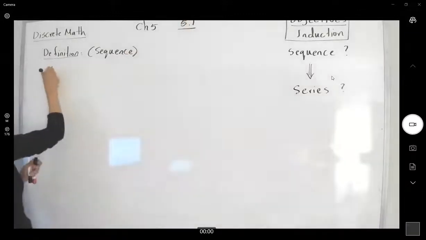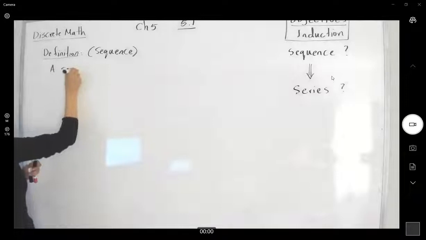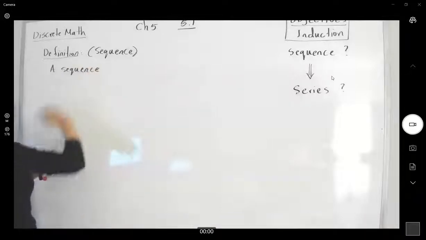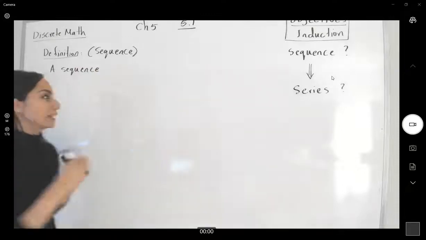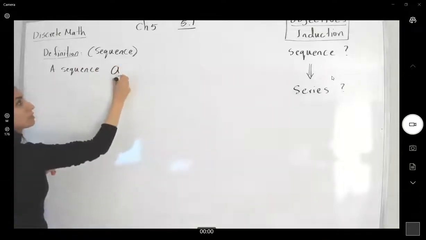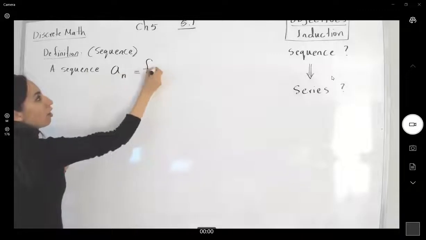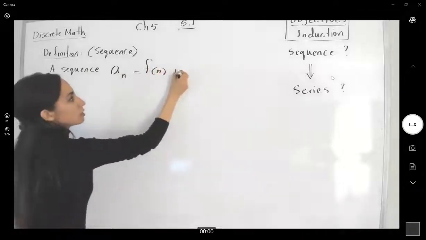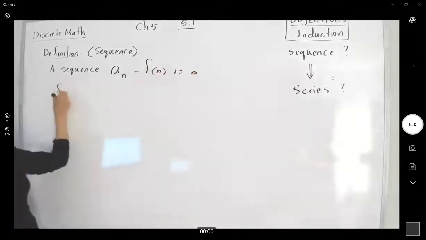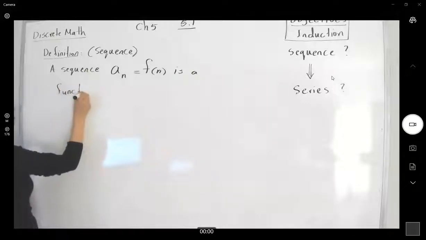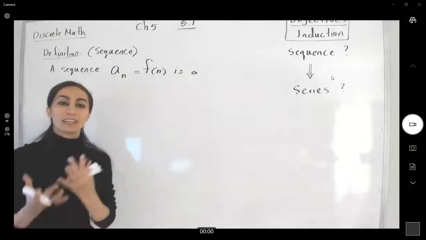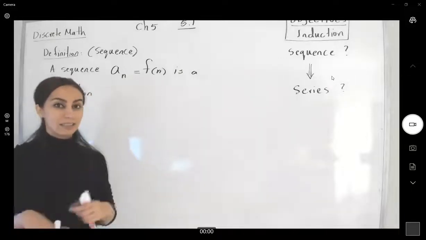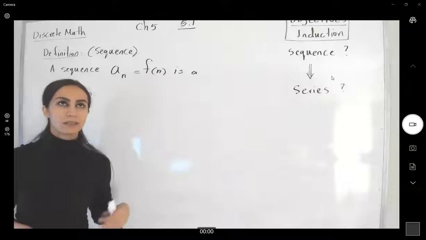A sequence, which is usually denoted by A sub n, or f of n, is a function with domain. This domain is usually N, natural numbers.